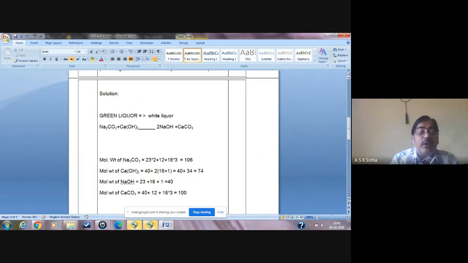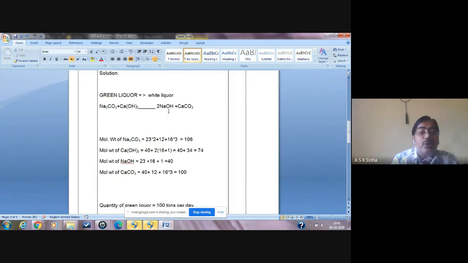For balancing this reaction and calculating the amount of NaOH and calcium hydroxide required to react with the sodium carbonate, we have to balance the equation and get the molecular weights of these chemicals. The molecular weight of sodium carbonate is 23 into 2 for sodium, plus 12 for carbon, and oxygen having 16, so O3 means 16 into 3.